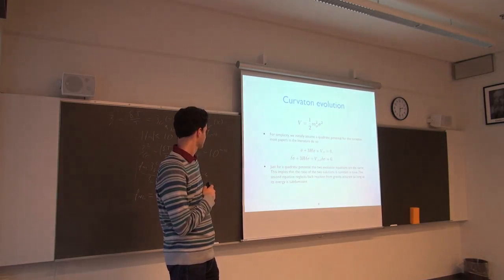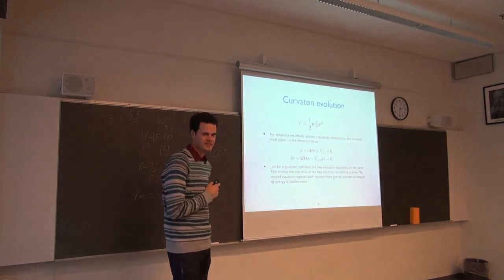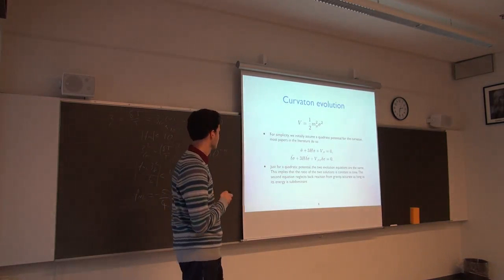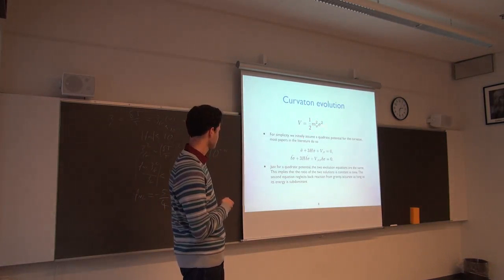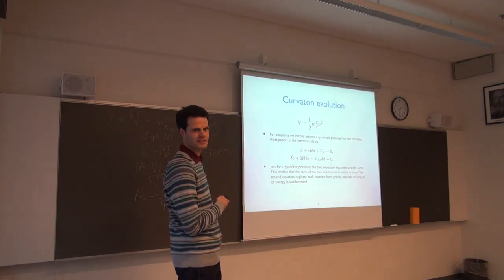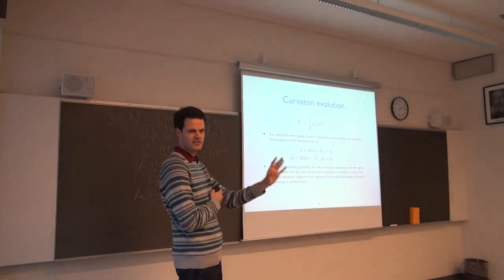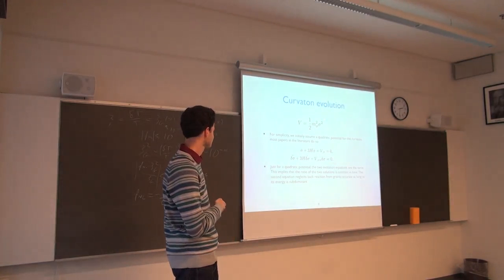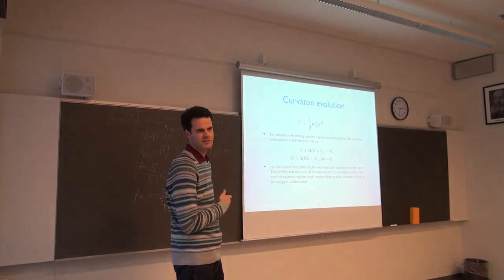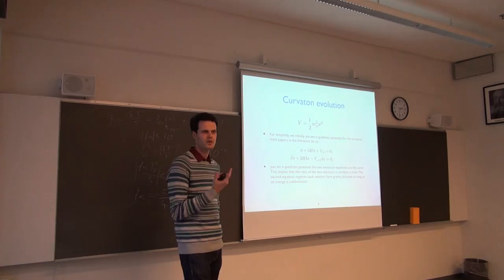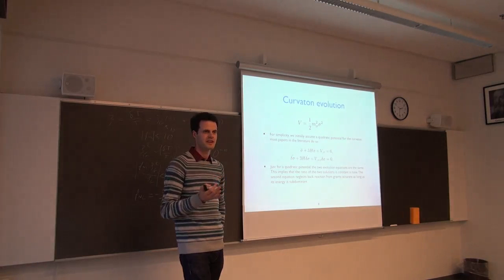Now let me finally get to a few equations about the Curvaton. First of all, let me take the simplest possible thing, which is just to give it a mass and ignore all the self-interactions or interactions to other fields, which during inflation may well be a very good approximation, although obviously eventually it will need to couple to something to decay.